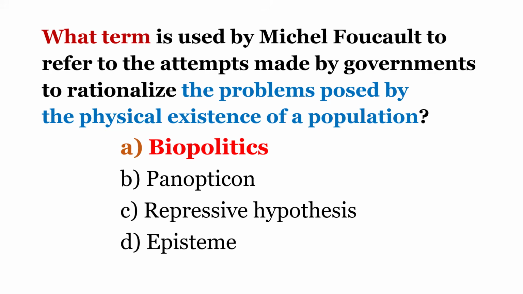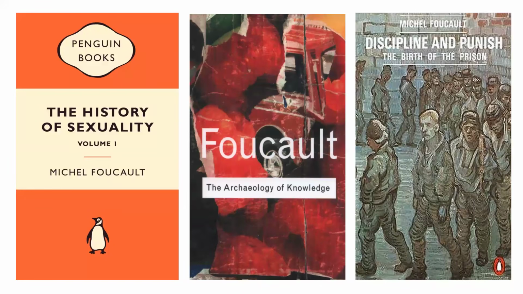Episteme means knowledge. Epistemology means the study of knowledge. You can look up these terms, panopticon and repressive hypothesis, and also episteme. And these are some of the famous works by Michel Foucault: The History of Sexuality, Archaeology of Knowledge, Discipline and Punish: The Birth of the Prison.